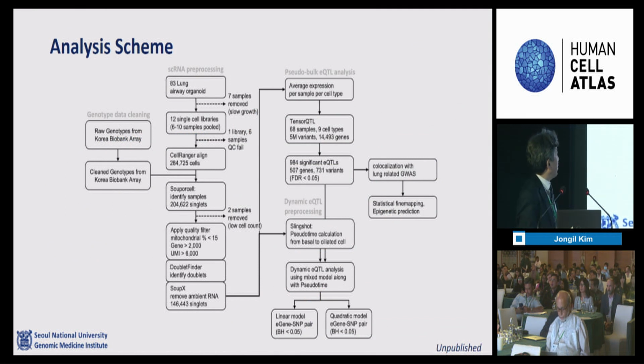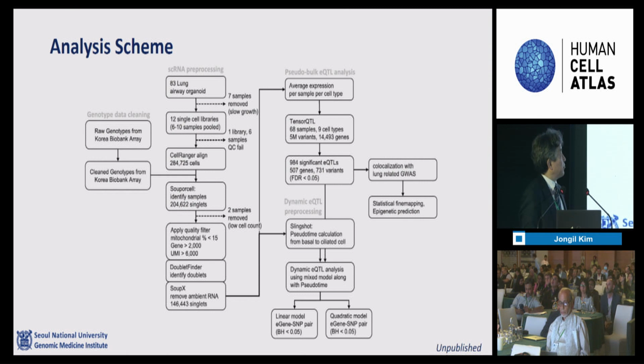So we used genotypes from the microarray, and finally this is after all the filtering steps. We used the 9 cell types with 68 samples, and we compared 5 million variants with 14,000 genes.